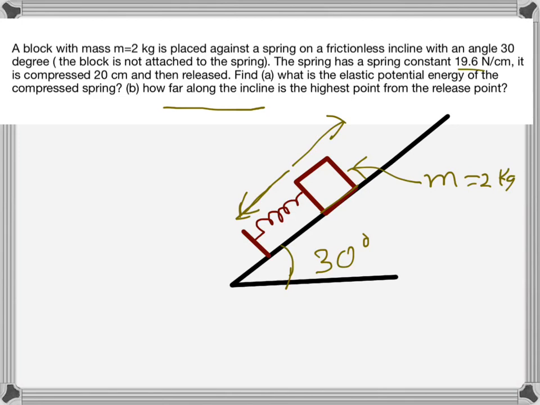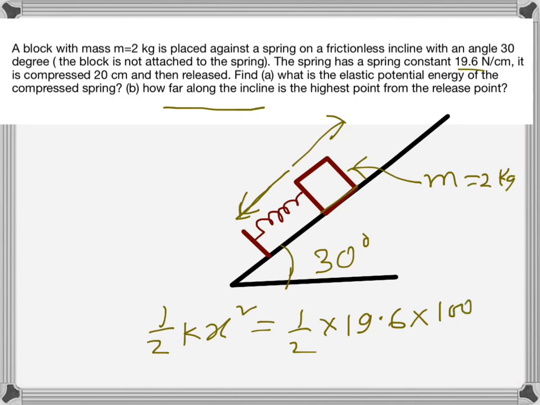And how far will it go? So let's first find the spring's elastic potential energy. That will be half k x square, and k is 19.6 Newton per centimeter. I will convert that into Newton per meter.